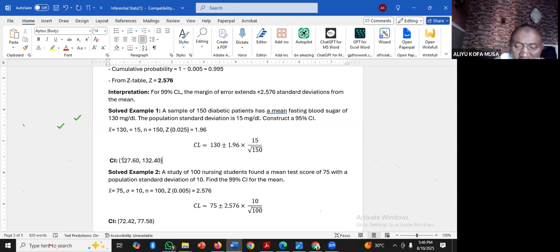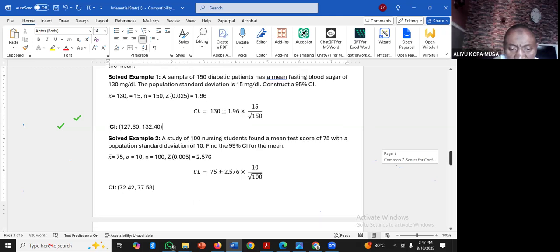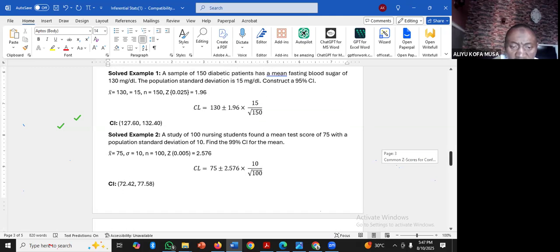So the same thing with example number 3. Look at it. A study of 100 nursing students found a mean test score of 75, with a population standard deviation of 10.